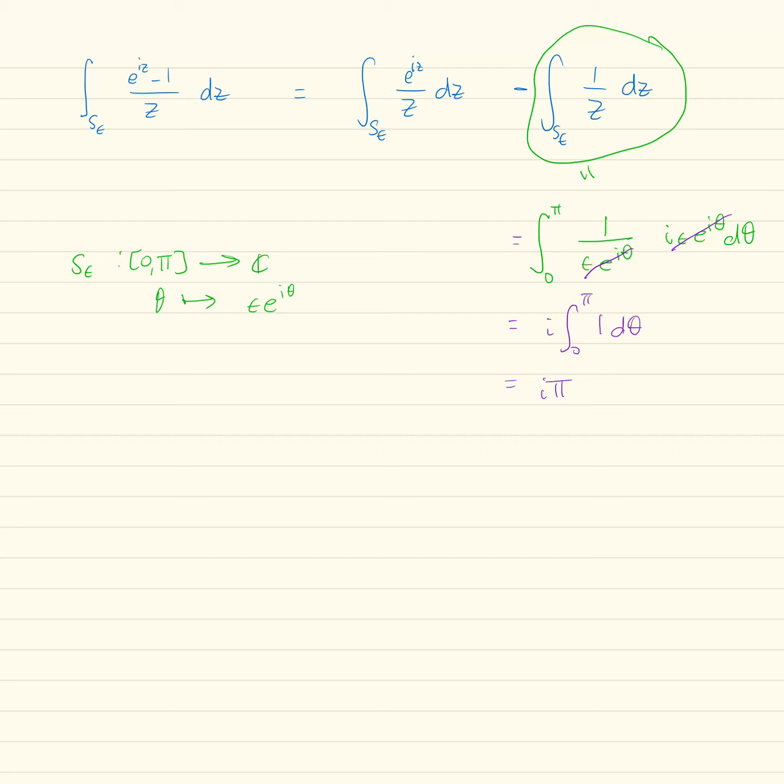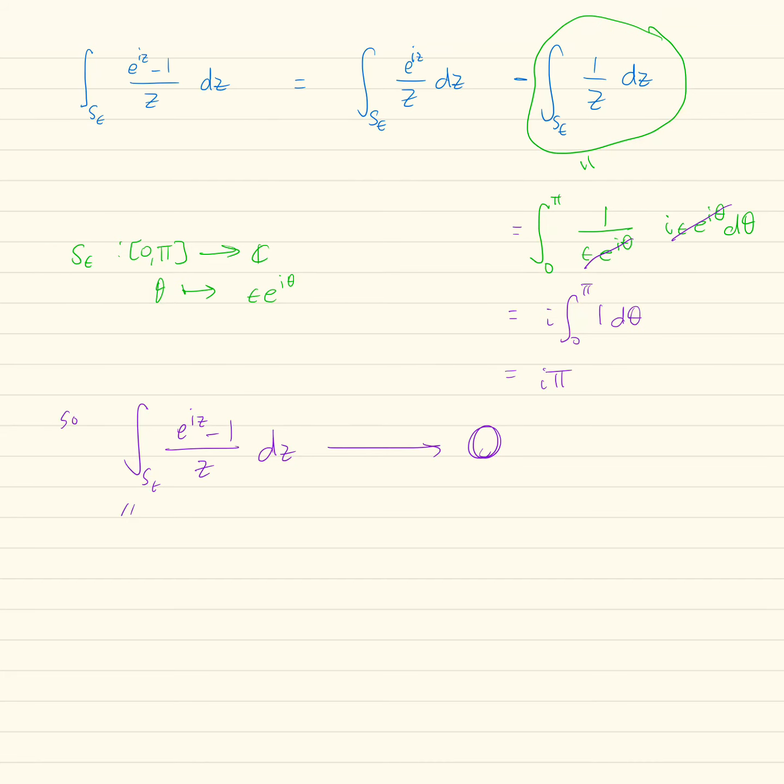So my integral over S epsilon of e to the iz minus 1 over z dz goes to 0. But this is equal to the integral over S epsilon of e to the iz over z dz minus pi i.